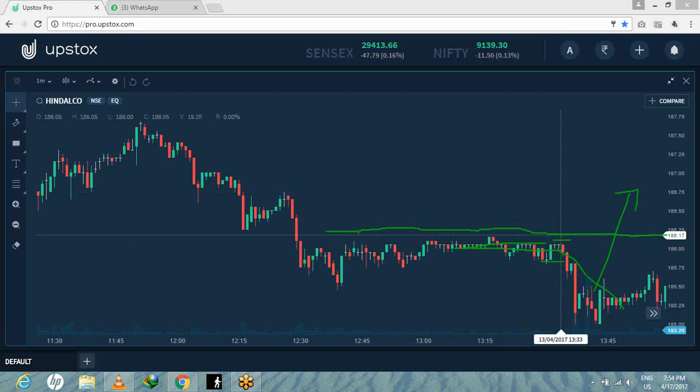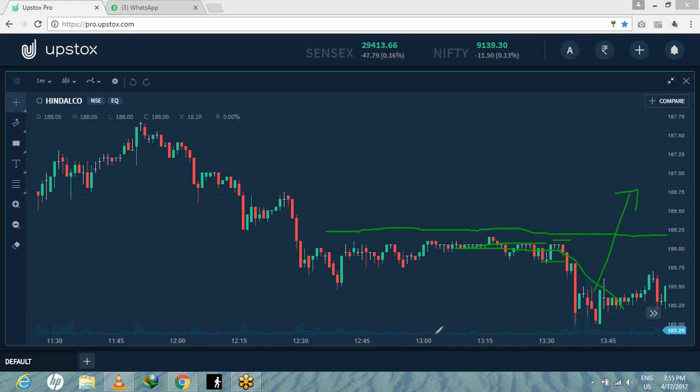And for example, let's say out of 10 times, 3 times it hits a stop loss of 20 or 30 paisa. So in 3 times, if it's a stop loss of 20 or 30 paisa, it's fine, because 30 paisa is not a big stop loss, I guess. But in 7 times, you will get a profit of more than 1 or 2 rupees.